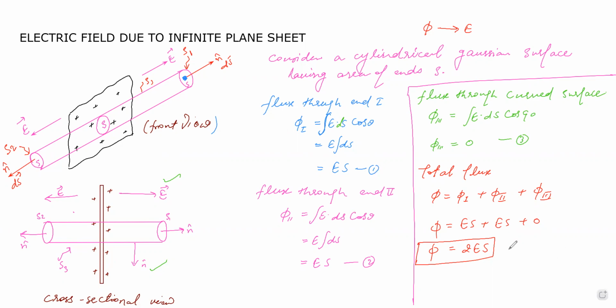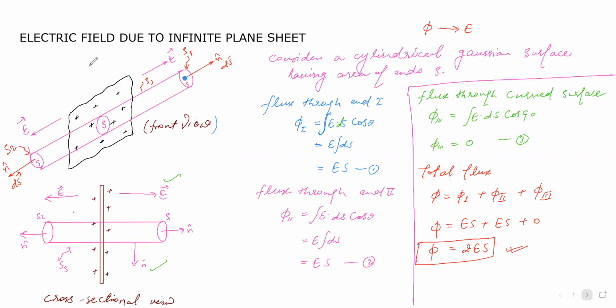On the next page, I am going to write this equation again. Phi is equal to 2Es, right? This is your flux, which we have calculated.